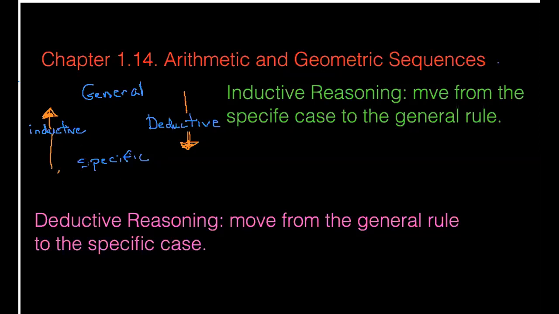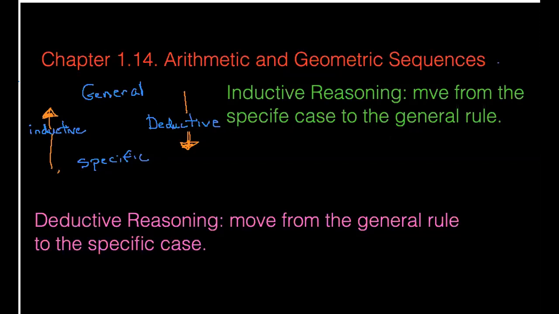And so they call that, by definition, when you start with a specific, and when you move from the specific case to the general rule, you're kind of moving up from the small details up to a bigger general principle. That's called inductive reasoning, okay?